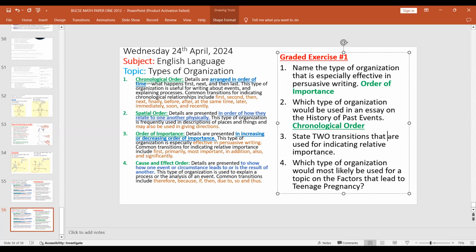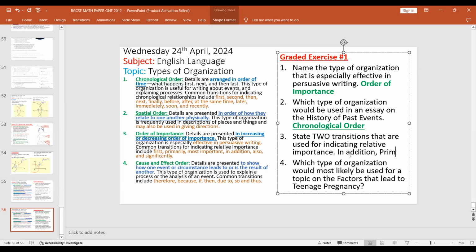All right. Next question, question number 3. Kingston, read number 3 for me. State two transitions that are used for indicating relative importance. I put in addition and primarily. Yeah, in addition and primarily. What else could we have put for that one?